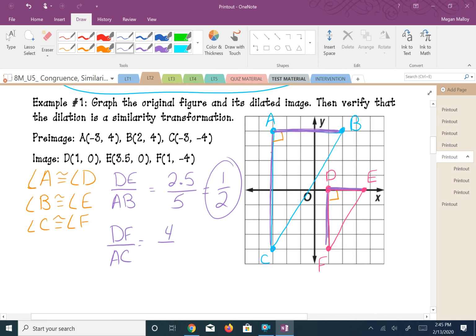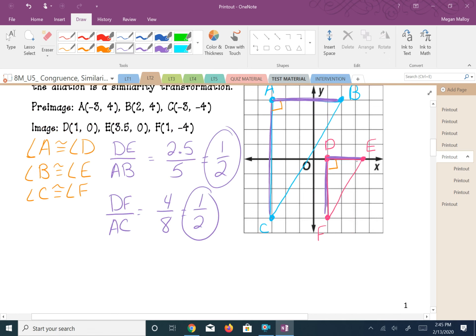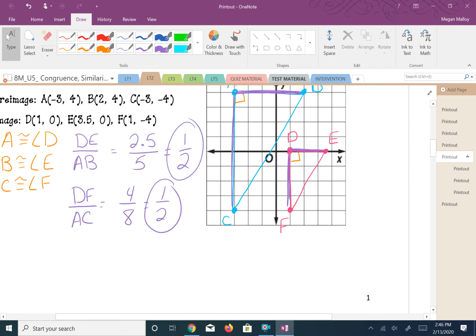AC is 8 units. And 4 divided by 8 is also equal to 1/2. Our last side, we see that it's a diagonal length, so we will have to use our Pythagorean theorem to find the distance.